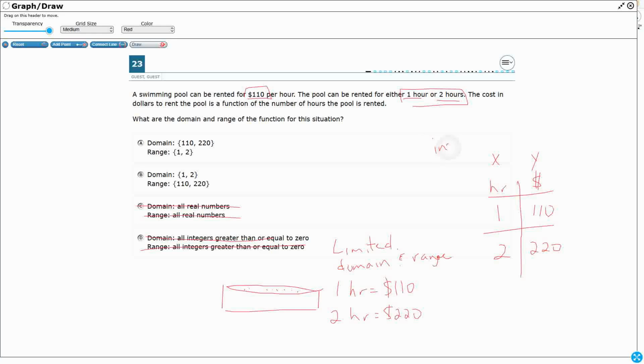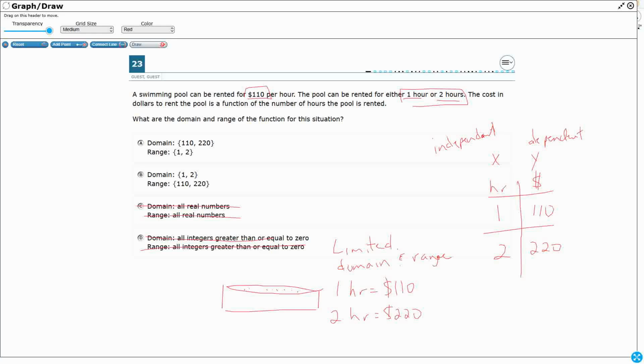Remember, our x is our independent variable, okay? And then our y is our dependent. And so what we're going to see here is we have to think which one is going to start the process. Do you come in to the person who owns the pool and say, I have X amount of dollars. How long could I rent it for? Well, unless you happen to walk in with 110 or 220, you're kind of out of luck because it's very exact.